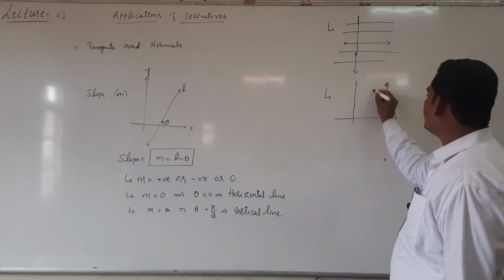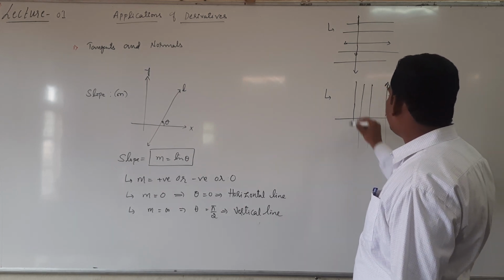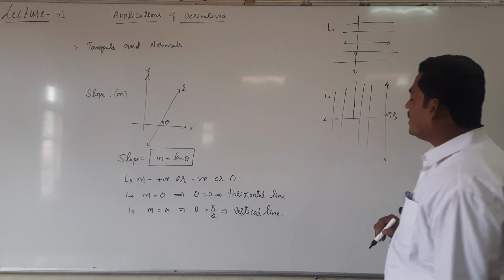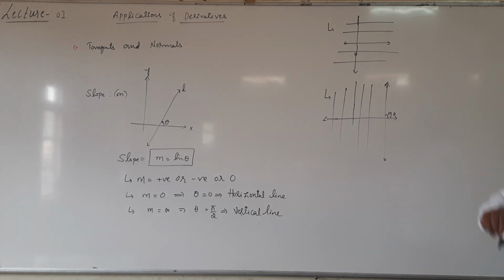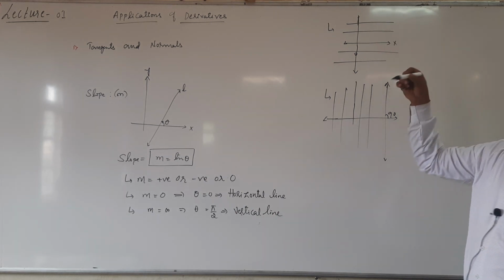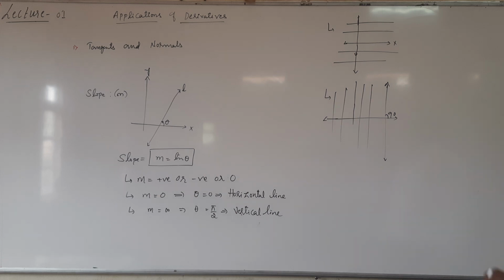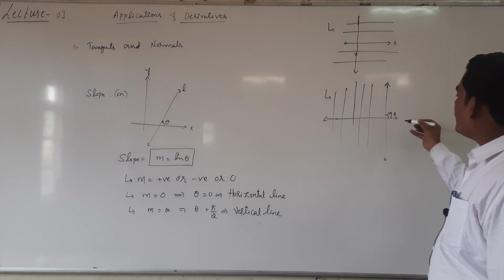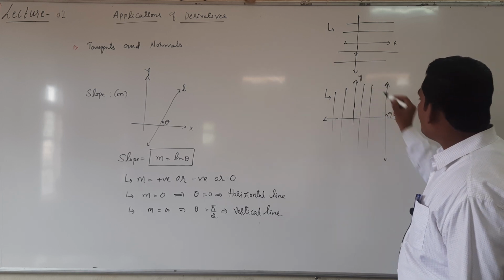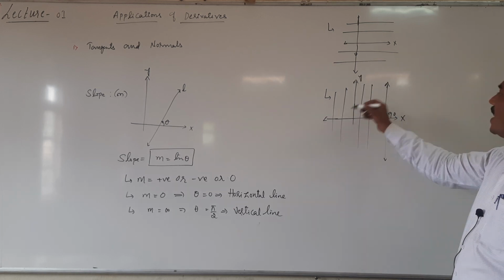Clearly this is 90 degree only. These are vertical lines, those are horizontal lines. Any line parallel to x axis or x axis itself is known as horizontal line. Any line parallel to y axis or y axis itself is known as vertical line.